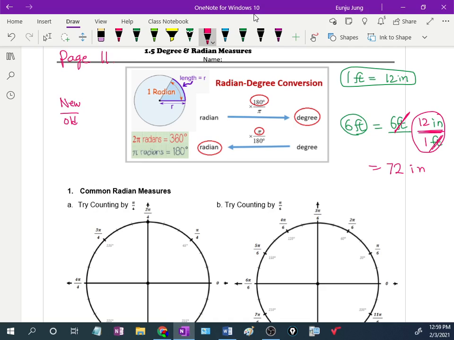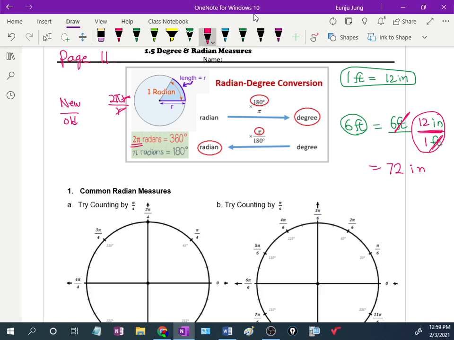So by knowing we have 2 pi r as the circumference, right? And dividing by the same r, what do I get? 2 pi for the whole radian measure. So 2 pi radians means a full circle, okay?